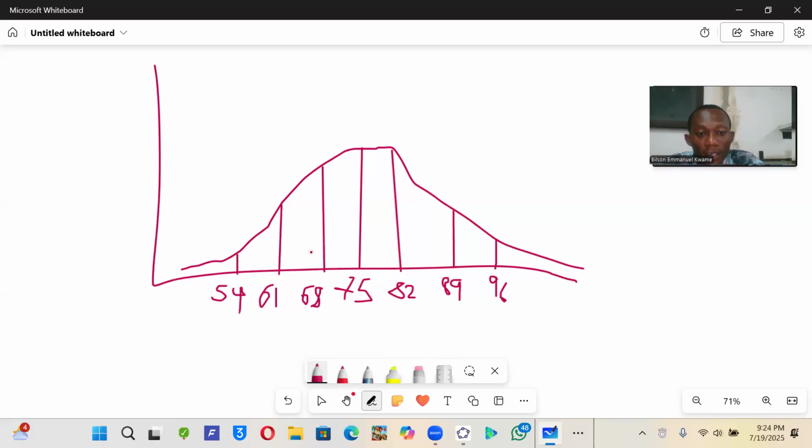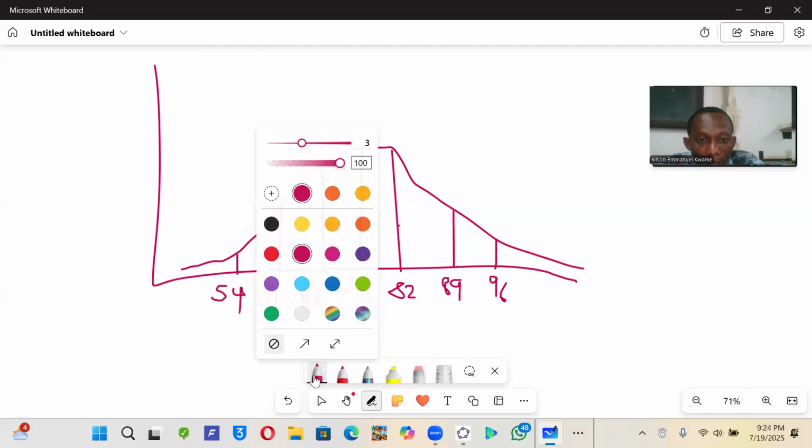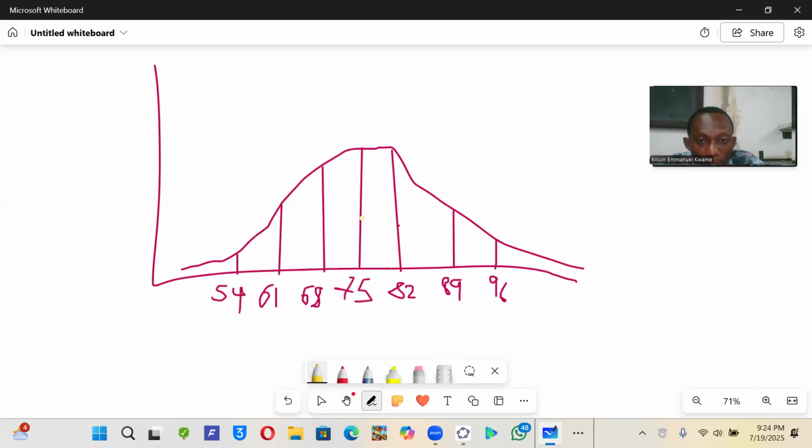We are doing it ourselves. Do you get it? But there is one thing that we know. The distance from this end to this end is the same as the distance from this end to this end.